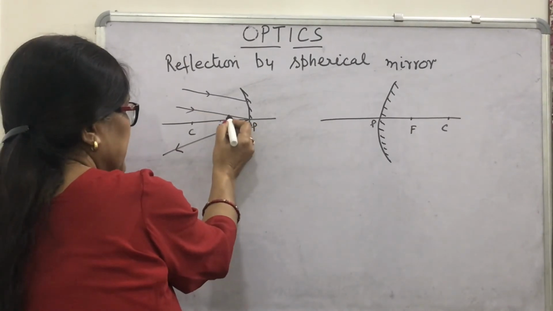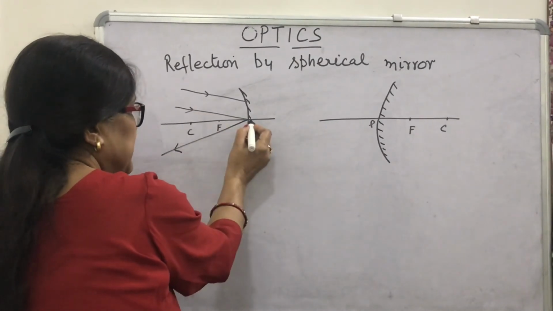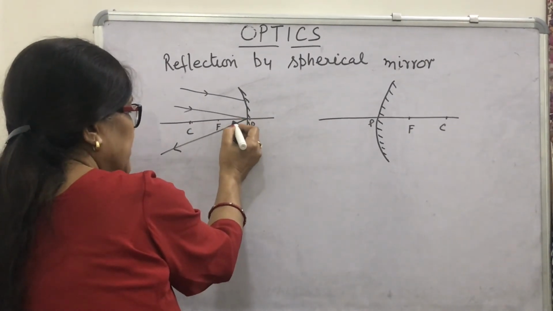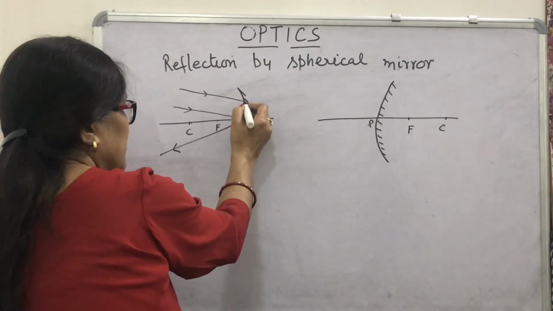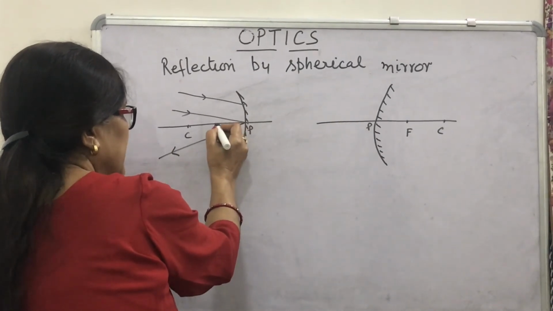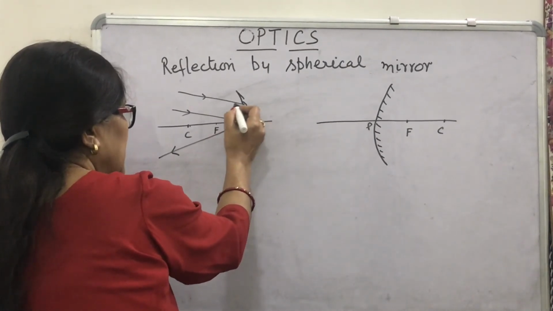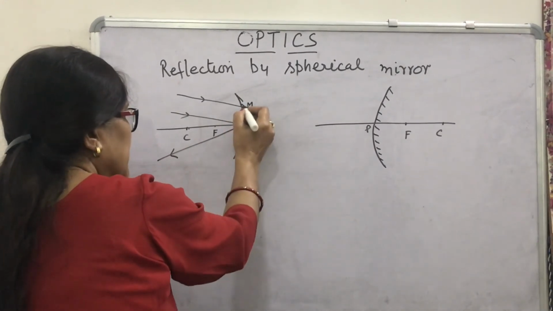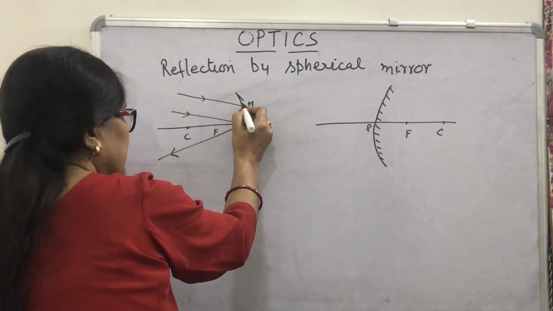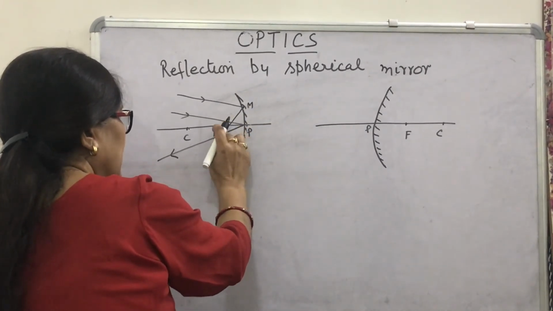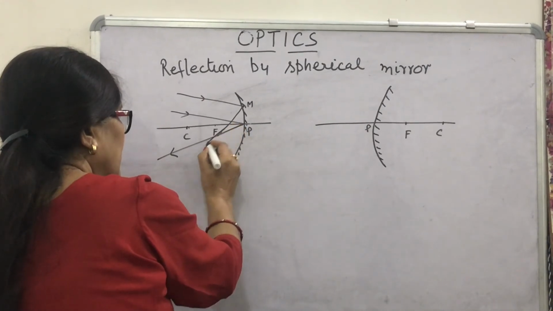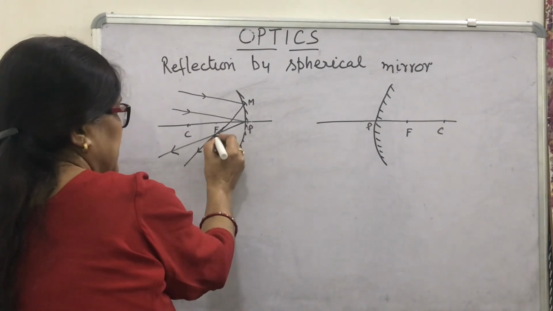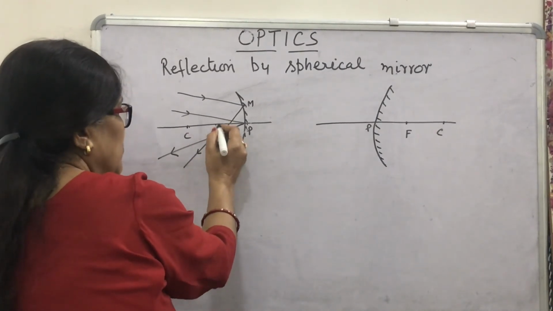This ray is making a certain angle with the principal axis, this CP is the principal axis as well as radius of curvature and normal, so the angle of reflection will be the same. And for this ray, if you join this point C with point M, then at the same angle it will be reflected, so this reflected ray will pass through this point.